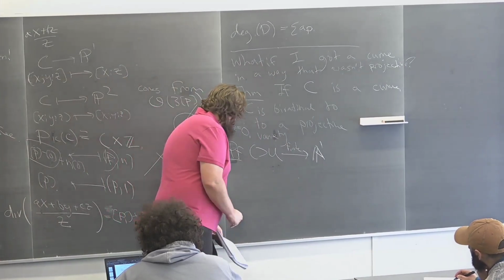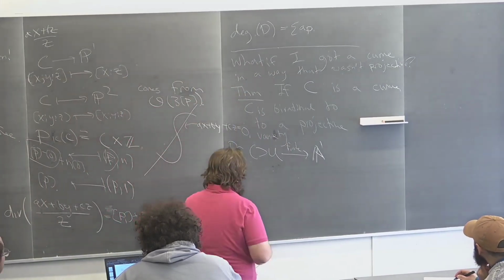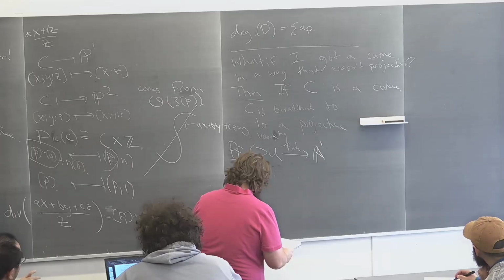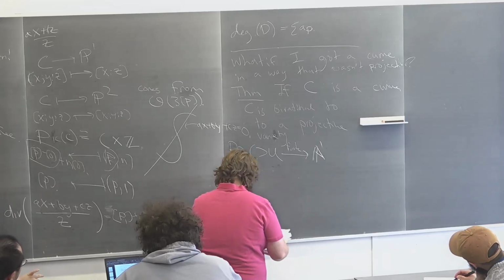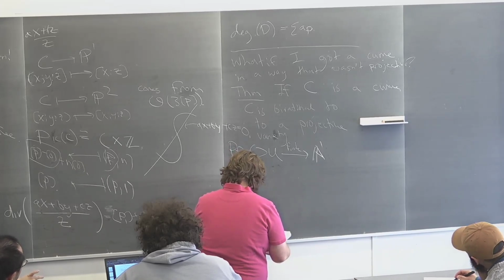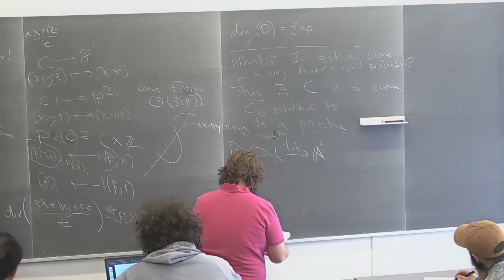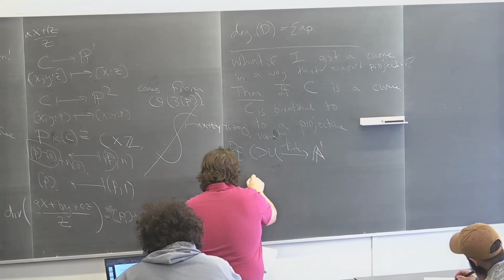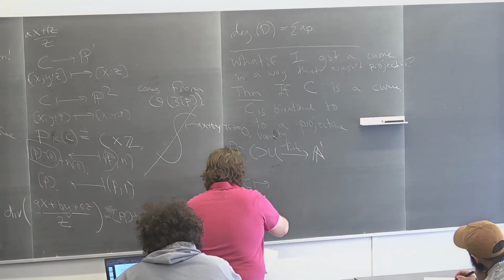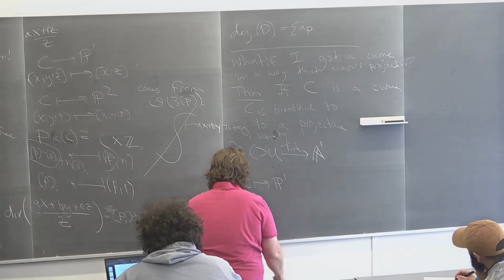And so then what do I do? Well, it turns out that I can now think about the rational function from C to P1.